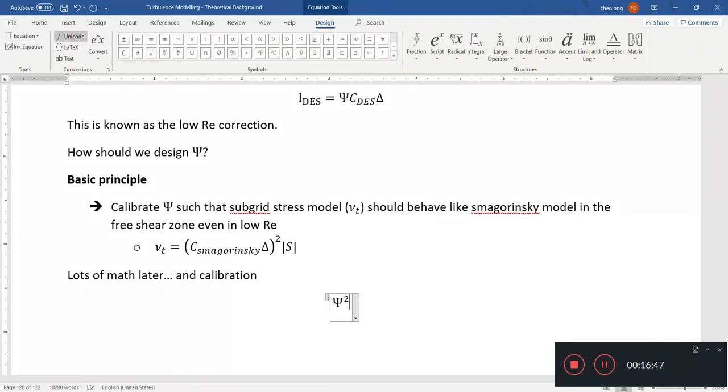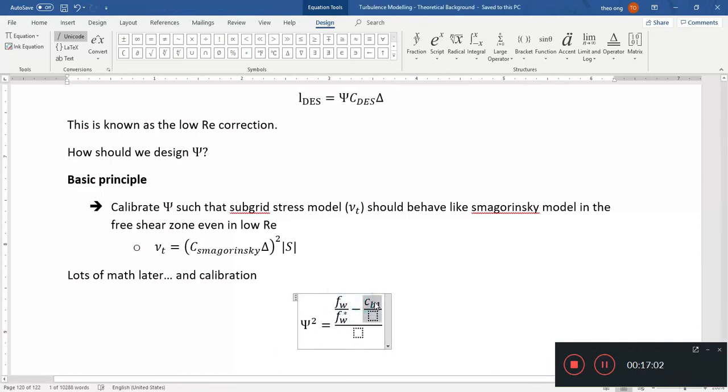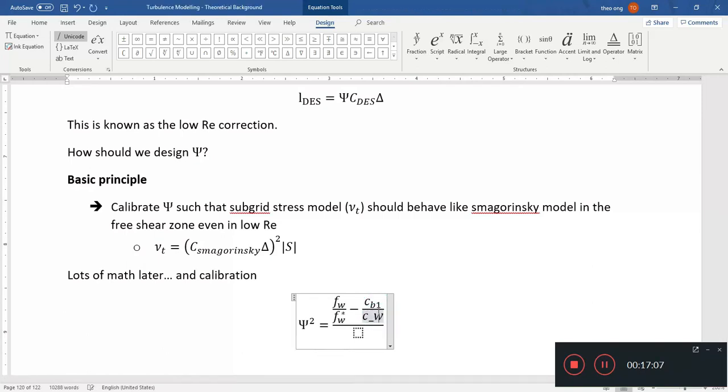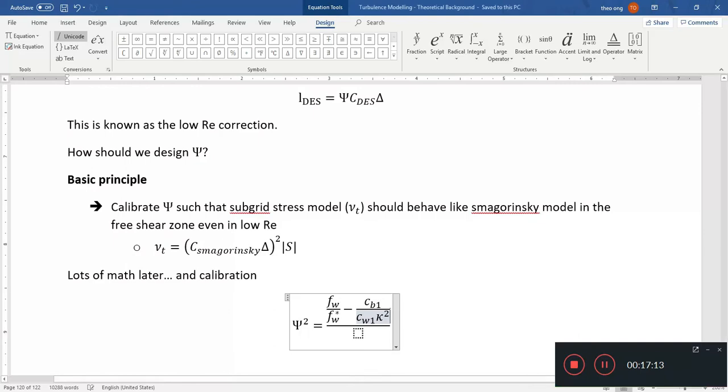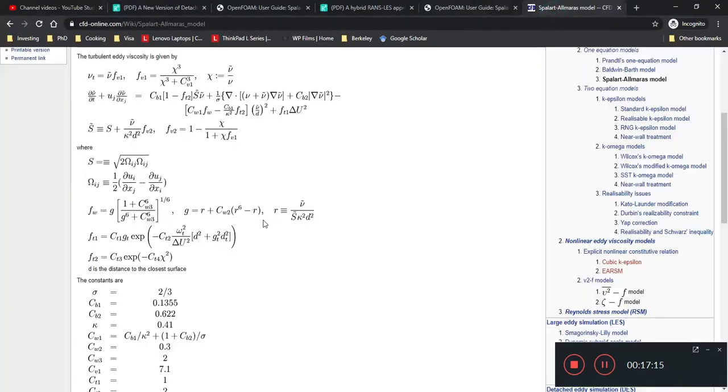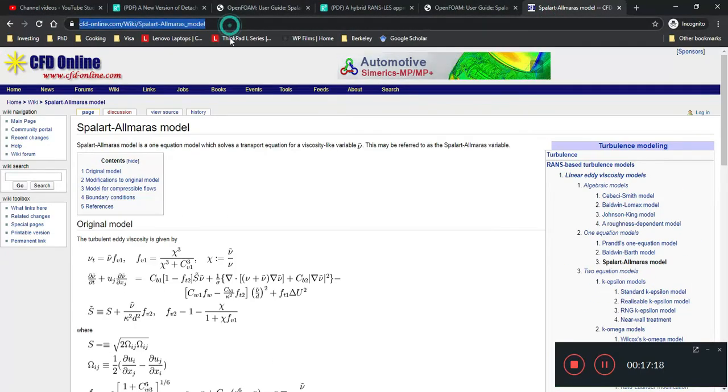Psi squared equals Fw divided by Fw star. I'll tell you what these constants are in a little while. Most of these, Fw and CB1, are actually from the Spalart Allmaras model. If you're not sure what CB1, CW1 and all these are, please go to the CFD website and look up the Spalart Allmaras model.